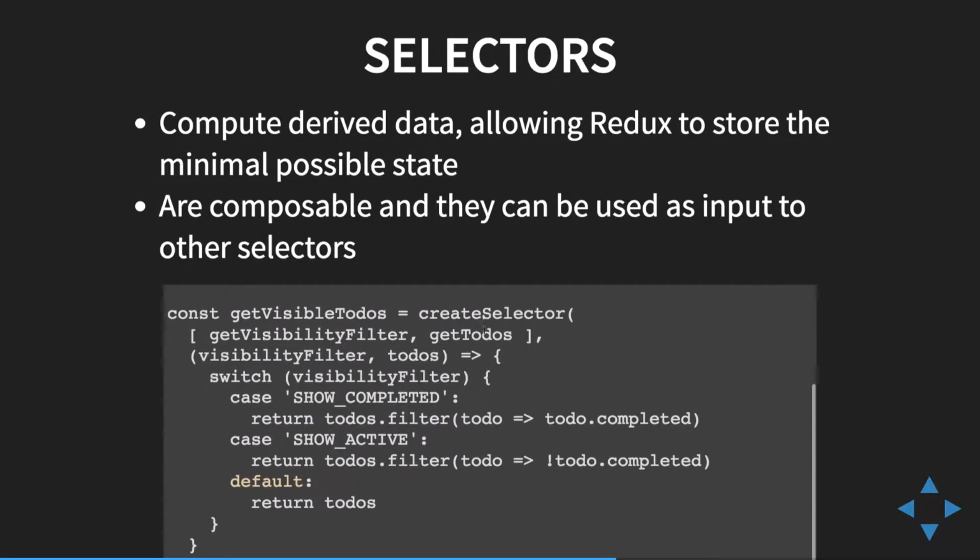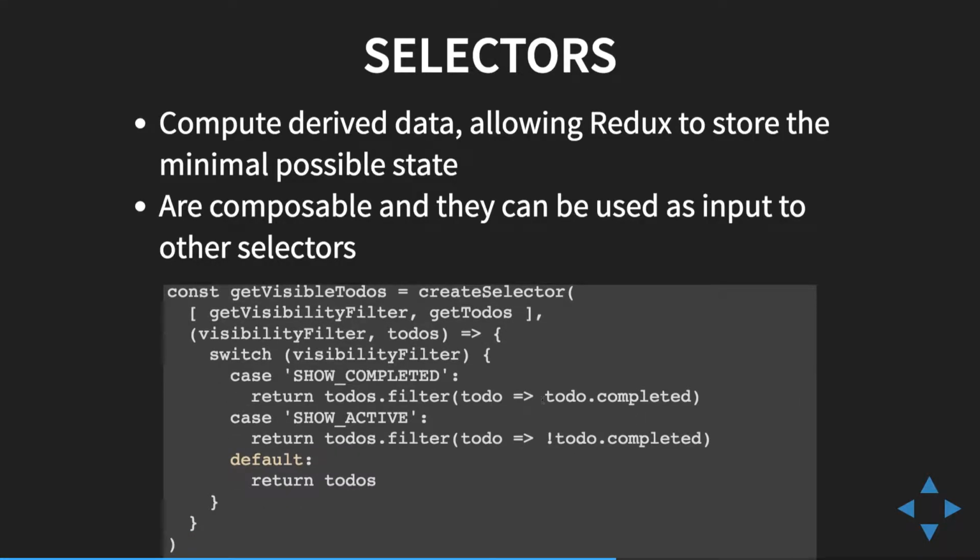And then you create the selector. You then do a case statement, and then you return the filtered information back to the state. And then the default is to just return the full to-do list.